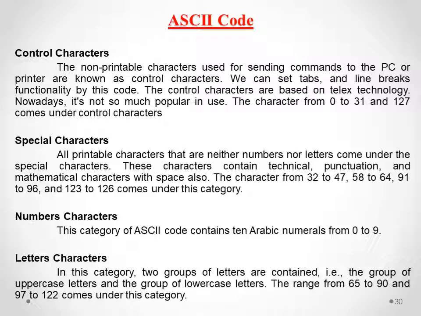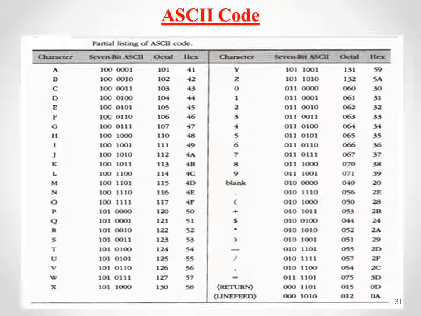Special characters are printable characters, that is punctuation marks, question marks, plus sign, minus sign. Then number characters, that is the numerals 0 to 9. Then letter characters, where uppercase and lowercase letters are used. This is the partial listing of ASCII code.